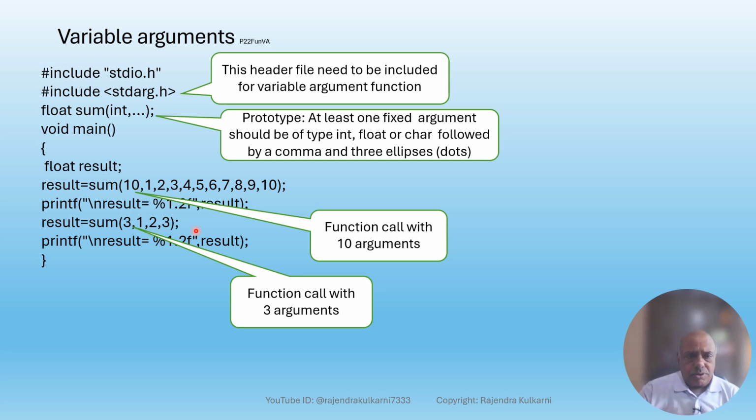Please note that there is no change in any way when we call this function. The only change is that the first argument should indicate the number of optional arguments we are going to pass. So in the first call we pass 10 arguments. In the same function we are using this time 3 arguments.